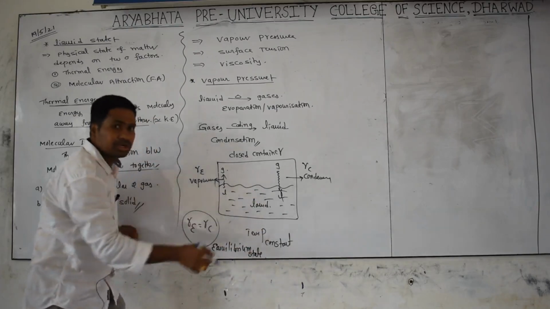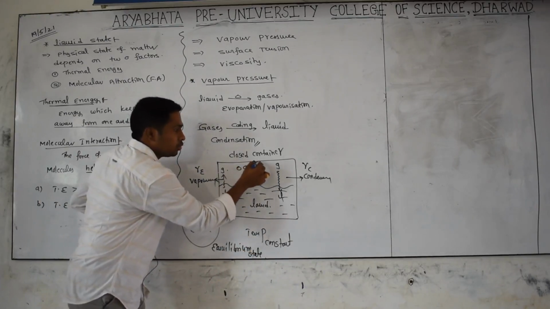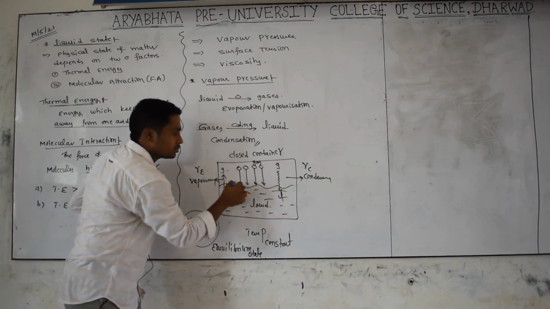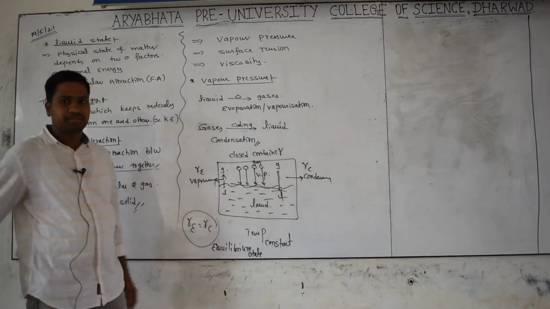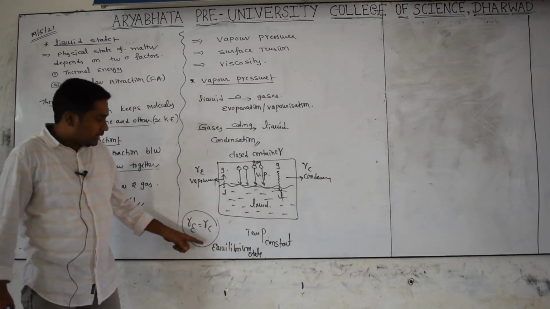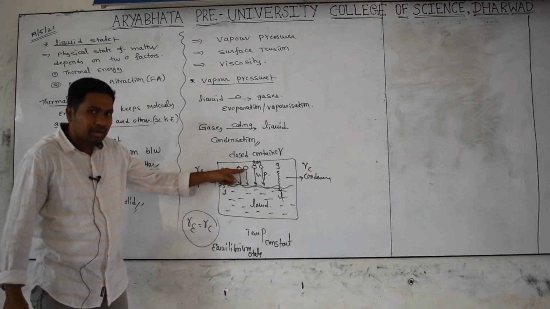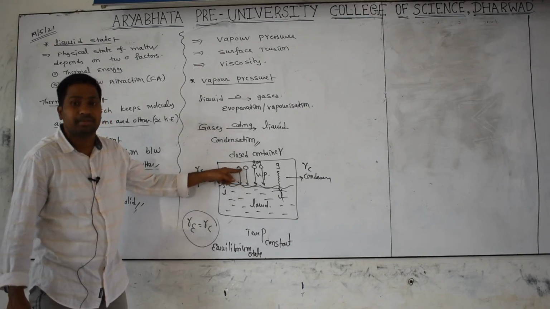At the equilibrium state, what happens here? So many gas particles are there. The gas particles create some pressure on the surface of the liquid. That is what we call vapor pressure. So at the equilibrium state, the pressure exerted by the vapors of a liquid on the surface of the liquid is called vapor pressure.